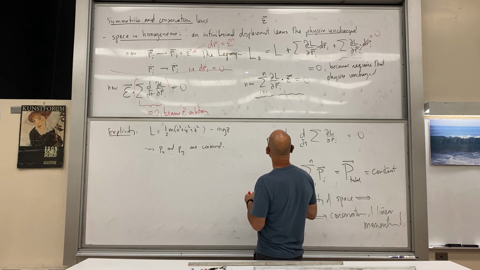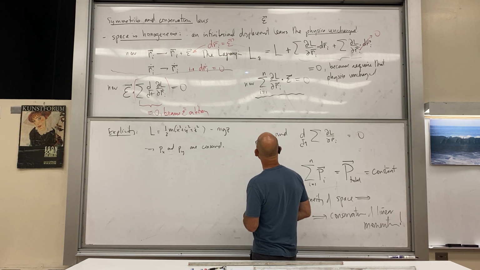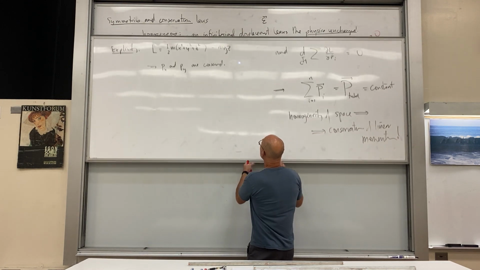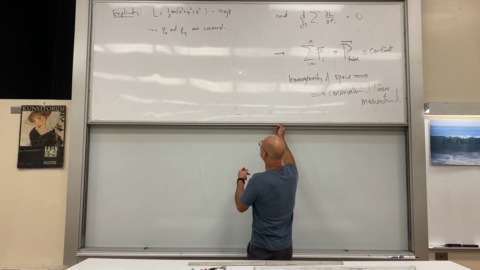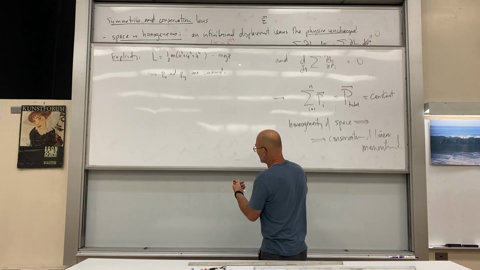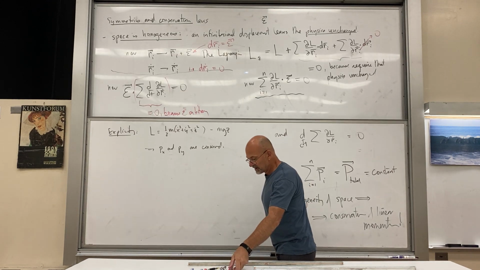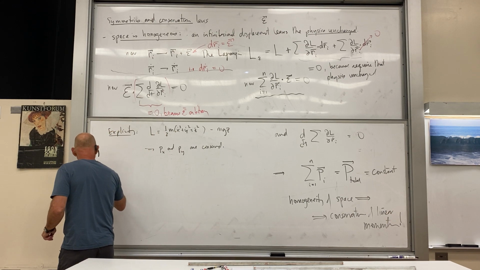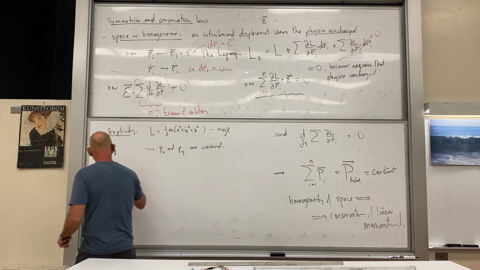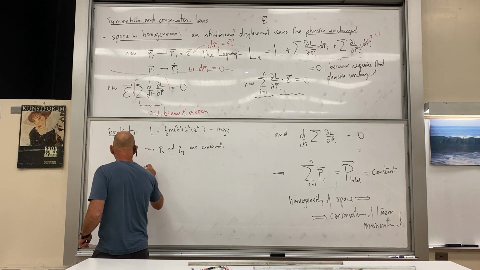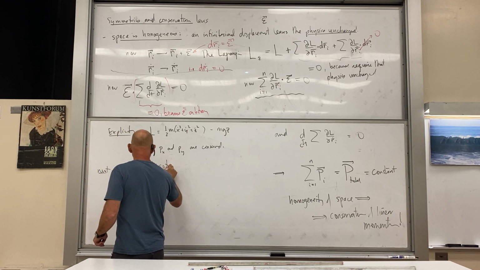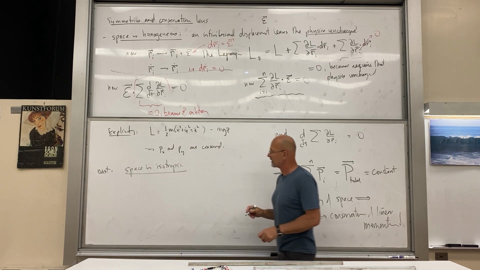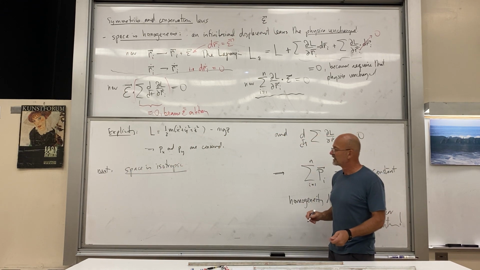Okay, so let's do the next one. See if we can fit it on the board this time. Well, I'll get it started right here since I've got the room. So the next symmetry is that space is isotropic. Again, all of these examples only in an inertial system.